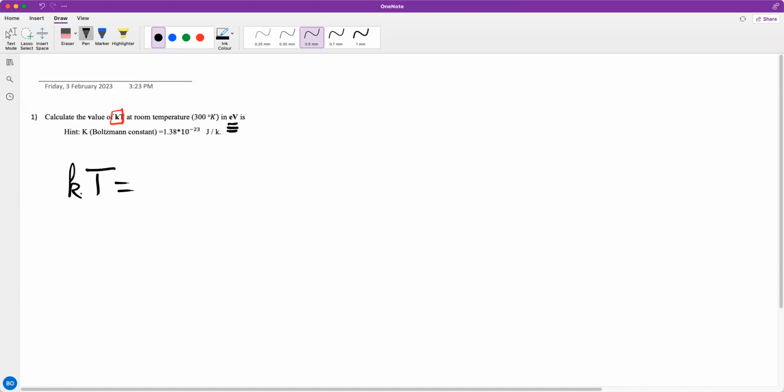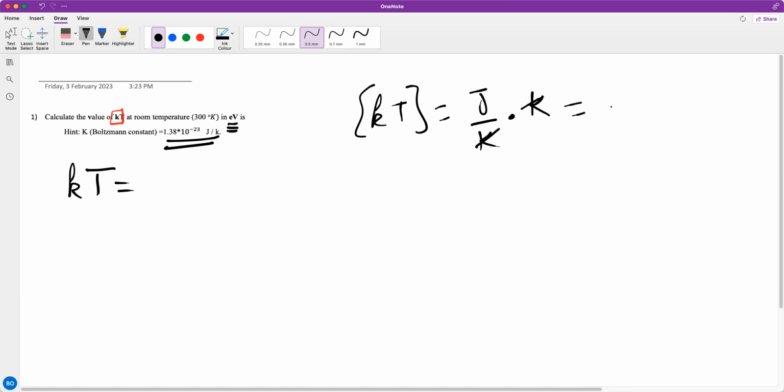K is given in joule per Kelvin, times the temperature in Kelvin, so the final result will be joule. So you have just to convert joule to electron volt.